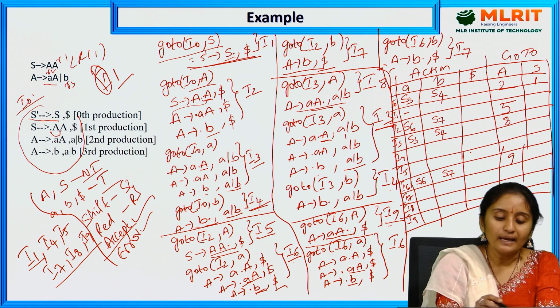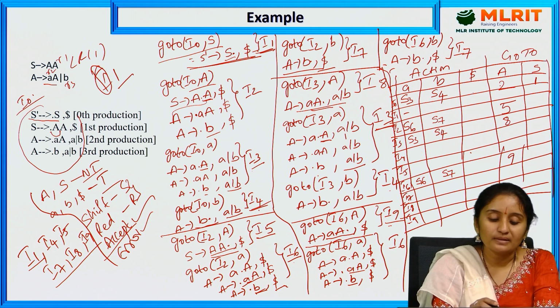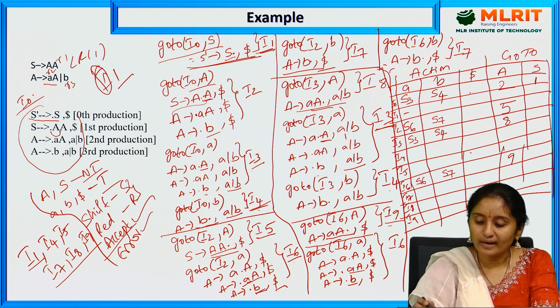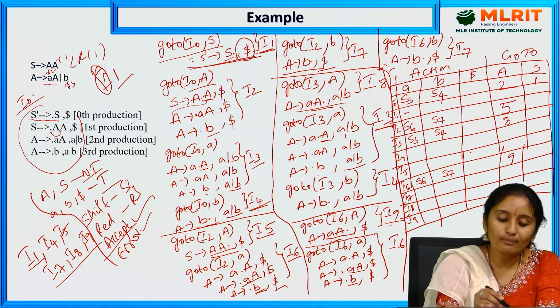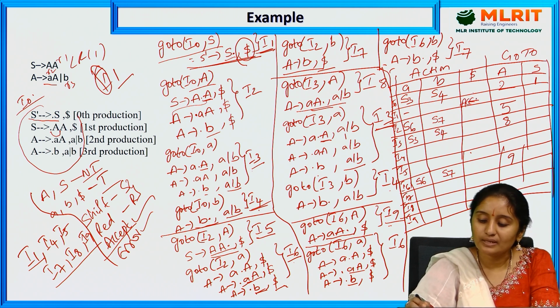See here, the final state is in I1. As it is our initial state, nothing but our starting symbol, we are going to write accepted there. So it is in the I1 state. Just go for I1. What is the look ahead symbol we have? Dollar. Go to the dollar and write here it is accepted.